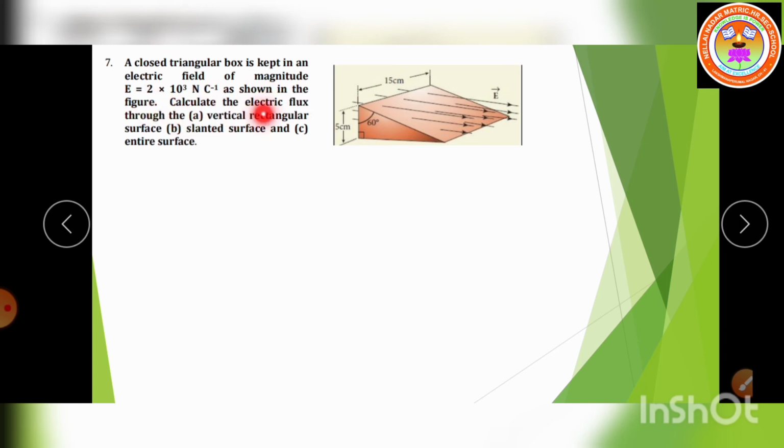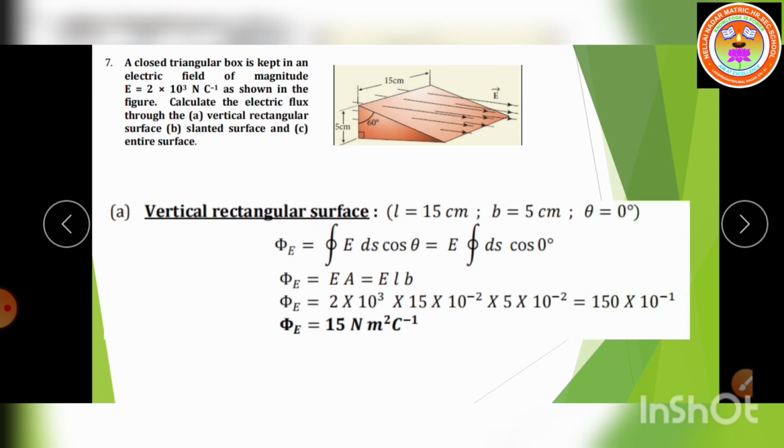They asked to calculate the electric flux through the vertical rectangular surface, the slanted surface, and then the entire surface. First we are going to see the vertical rectangular surface.